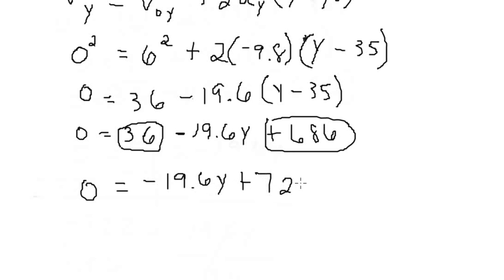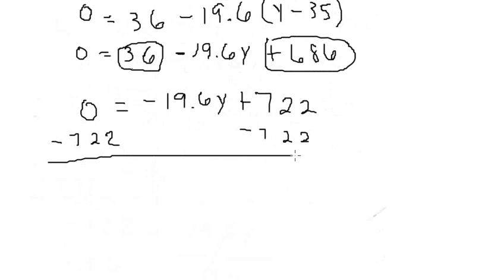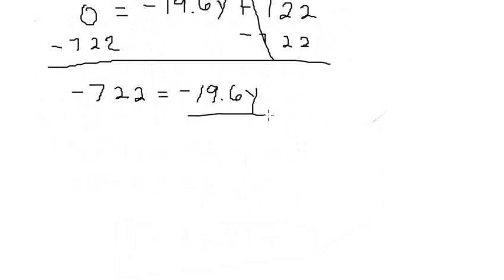722. Okay, and now to solve this, I'm going to move the 722 over to the other side of the equation. We have negative 722 is equal to negative 19.6y. And to solve for y, I'm going to divide by negative 19.6.